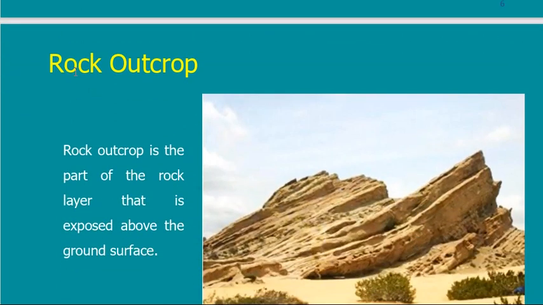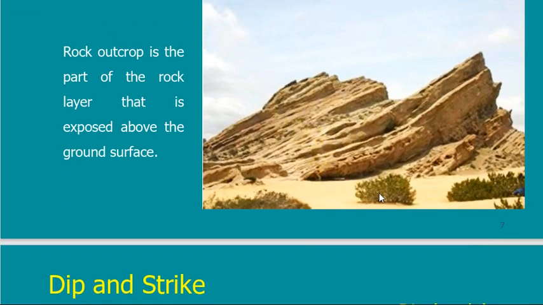Another shape is called rock outcrop. What is rock outcrop? It's the same shape that you are seeing in this photo. You have this, this is the ground level, and then there is something emerging out of the soil.